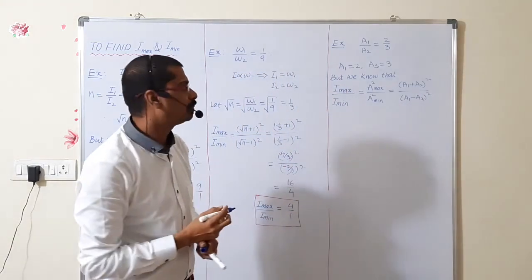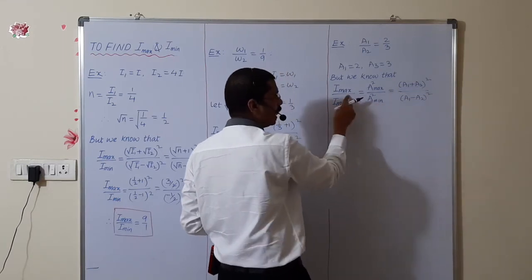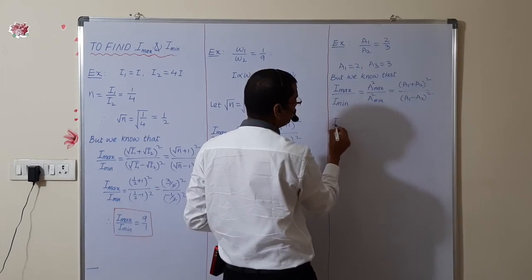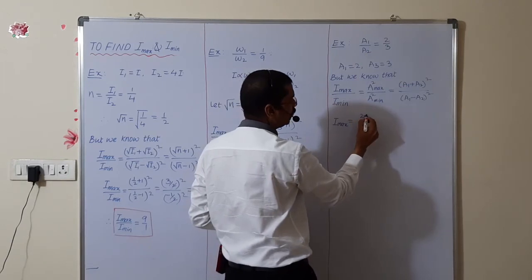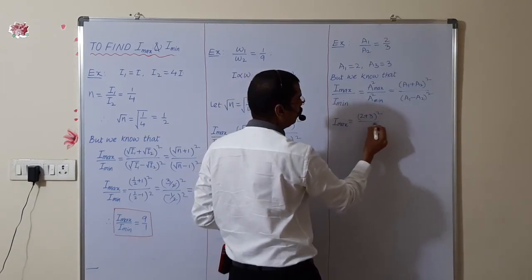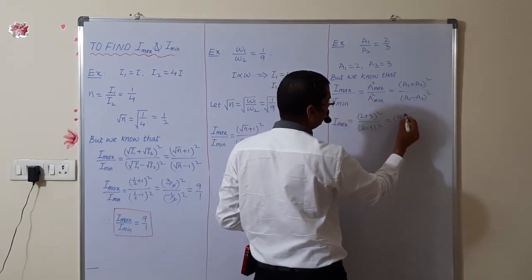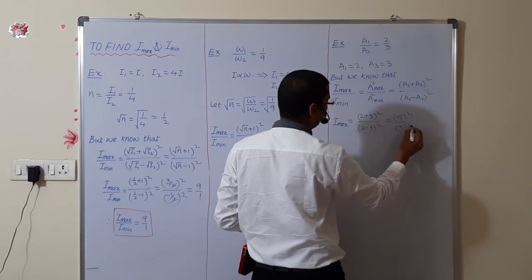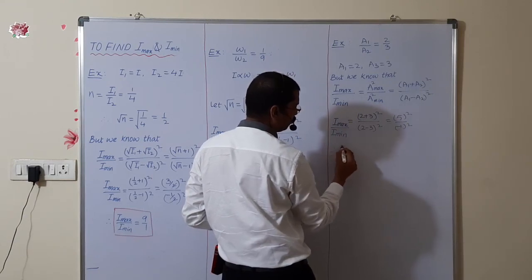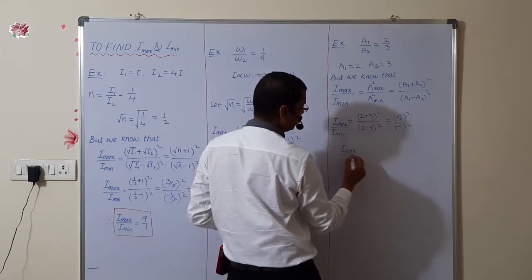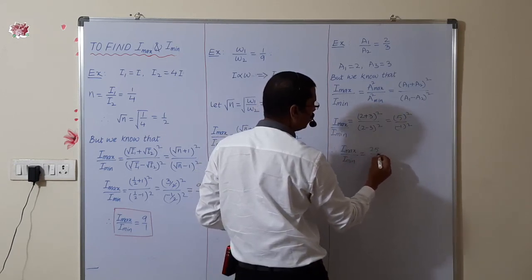Already we have discussed this in special cases. Now if the A1, A2 values are given, I maximum we have to find out. I maximum is equal to 2 plus 3 whole square upon 2 minus 3 whole square. This is 5 whole square upon minus 1 whole square. Therefore, I maximum upon I minimum is equal to 25 upon 1.